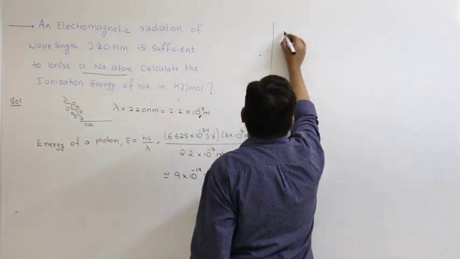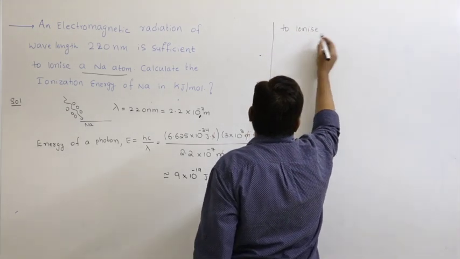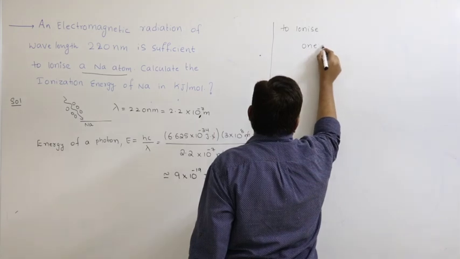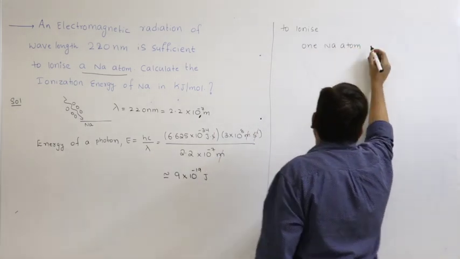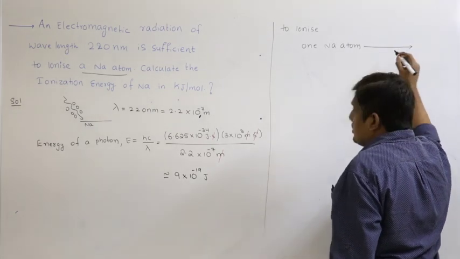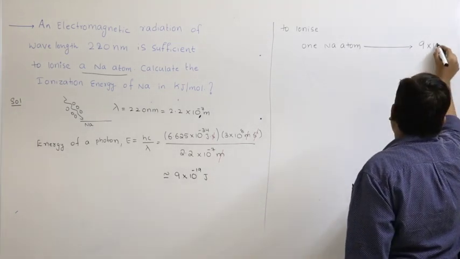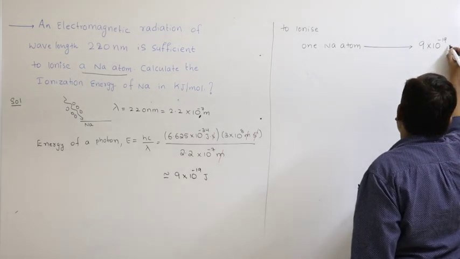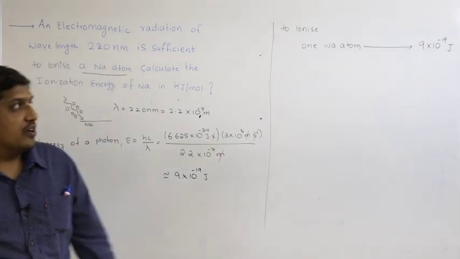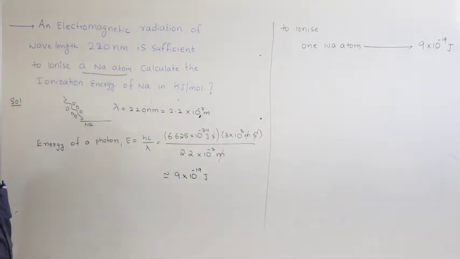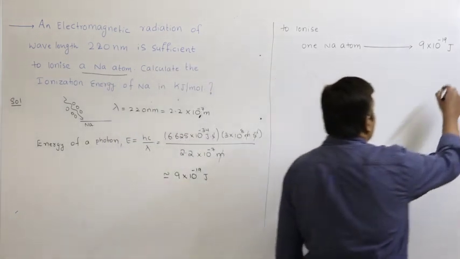So, to ionize one sodium atom, how much energy do we require? That is 9 into 10 power minus 19 joules. To ionize one sodium atom, we require a photon of energy 9 into 10 power minus 19 joules.